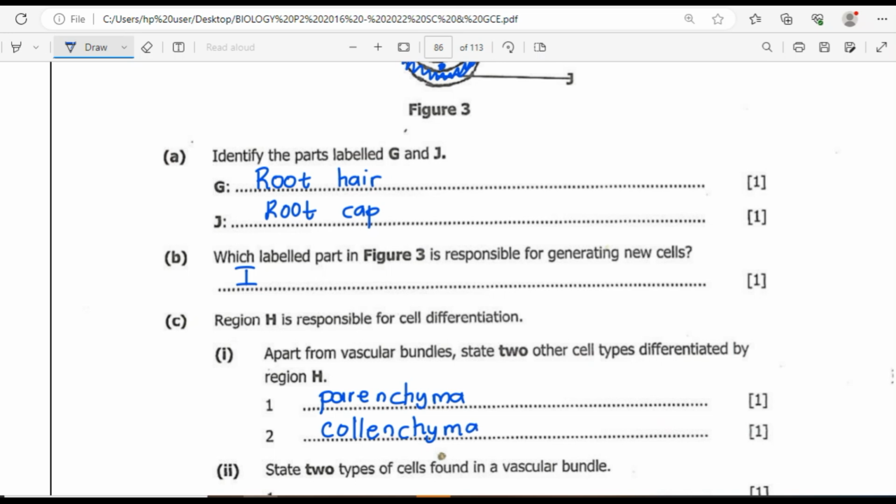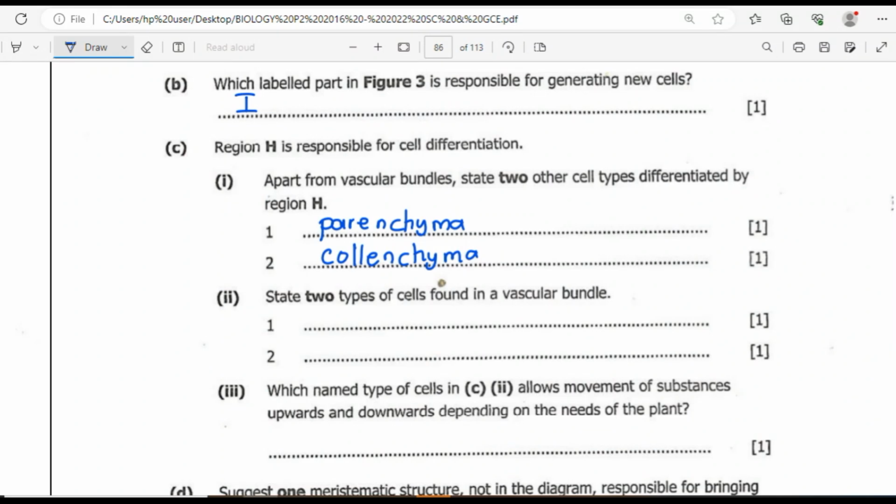Then state 2 types of cells found in a vascular bundle. The vascular bundle has to do with transportation. So we have xylem. Then the other one is phloem.